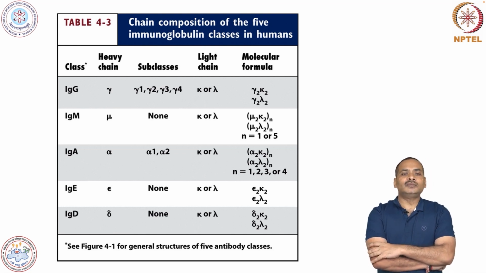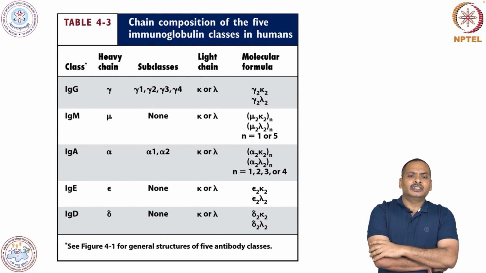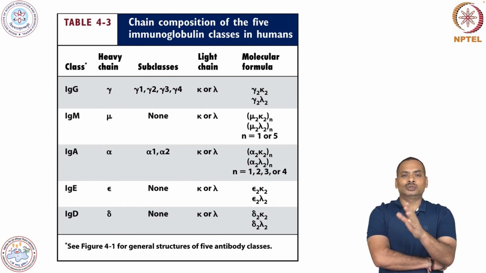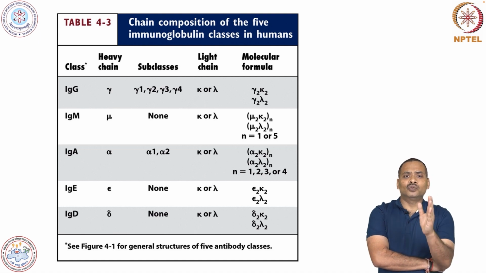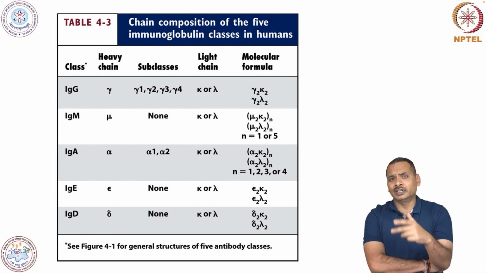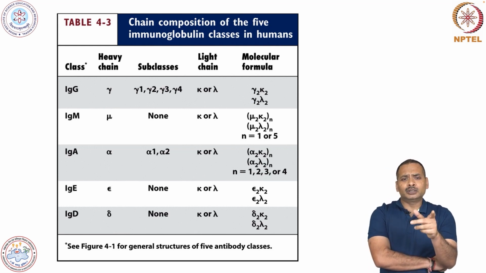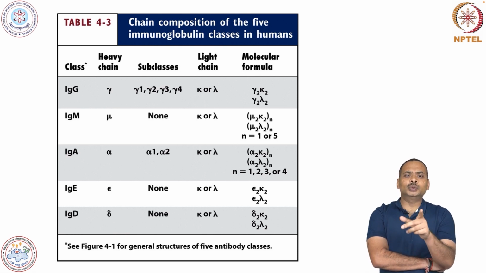Here you can also write, in the case of IgG, gamma 1. Gamma 1 means the subtype will be gamma 1, and it can combine with either kappa or lambda. So it will be gamma 1 2 kappa 2 or gamma 1 2 lambda 2.